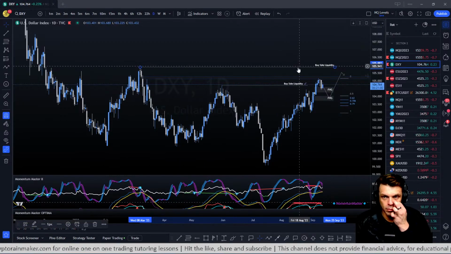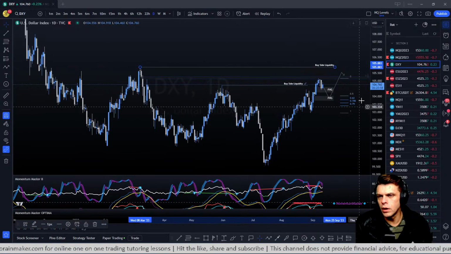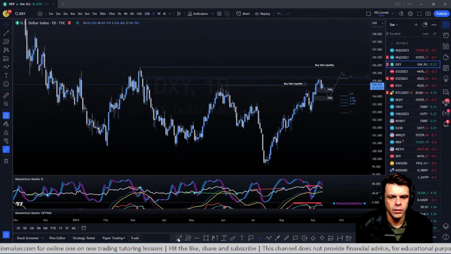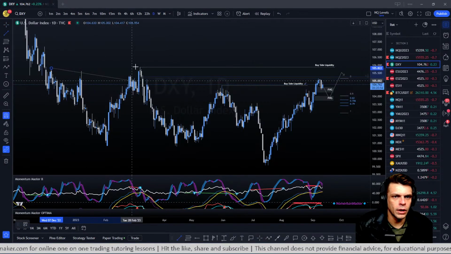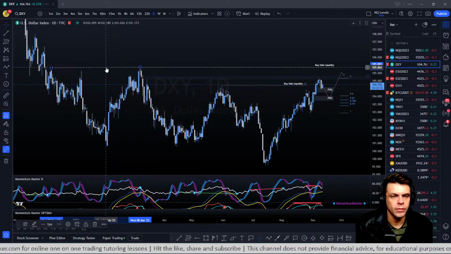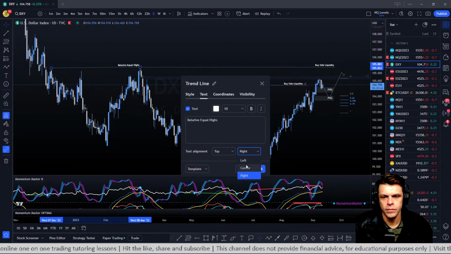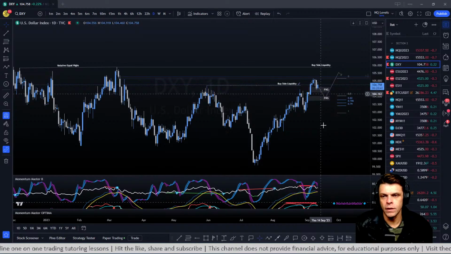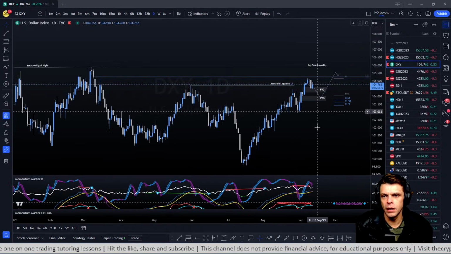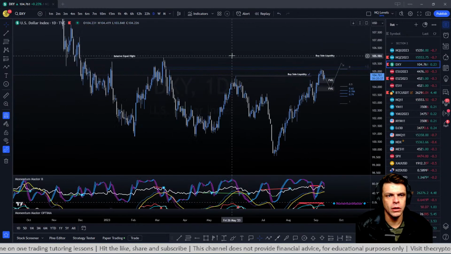Okay, so this level is at 105.883. And then we have these equal highs. Okay, so if we push through the volume imbalance, then that's our next level right there.